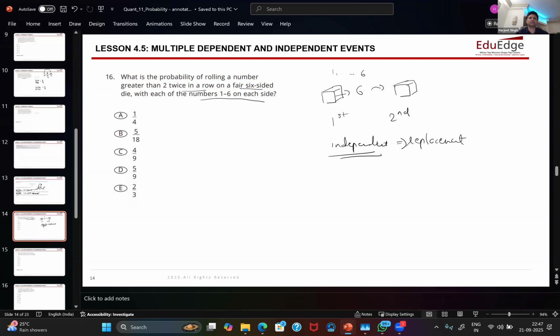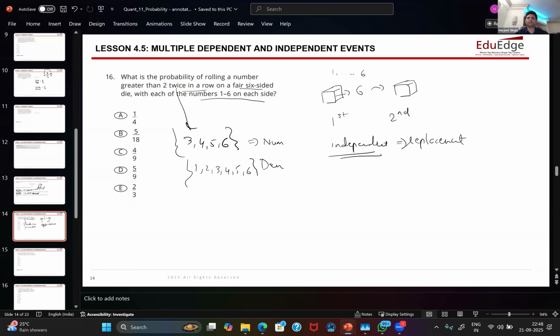So, a number greater than 2. There are 4 numbers greater than 2: 3, 4, 5, 6. These are the outcomes in the numerator. In the denominator, you have 1, 2, 3, 4, 5, 6 total outcomes.